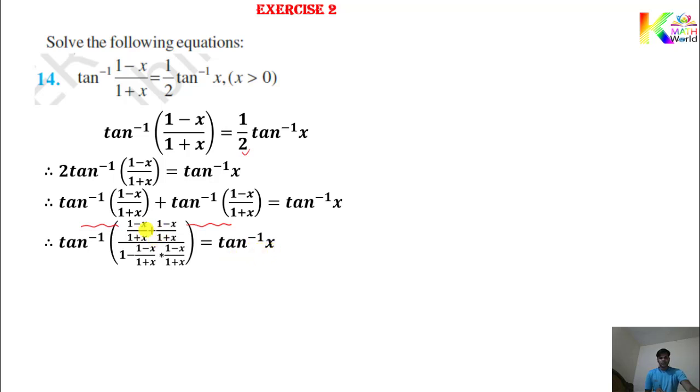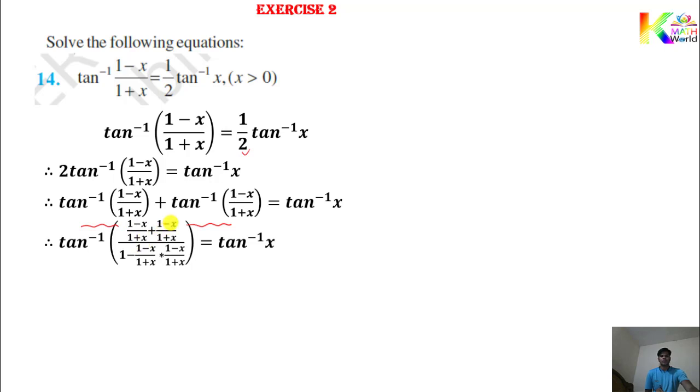At the same time, simplifying this one and keeping the LCM of numerator and denominator the same, I want to set the LCM of numerator as 1 plus x whole square, and the LCM of denominator as 1 plus x whole square. So 1 plus x gets multiplied to this one.